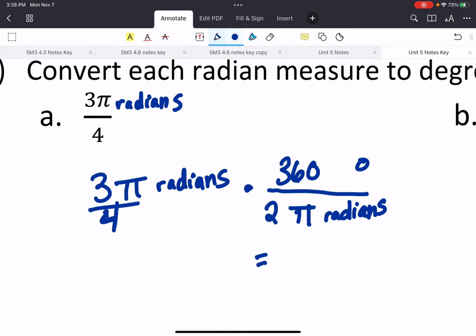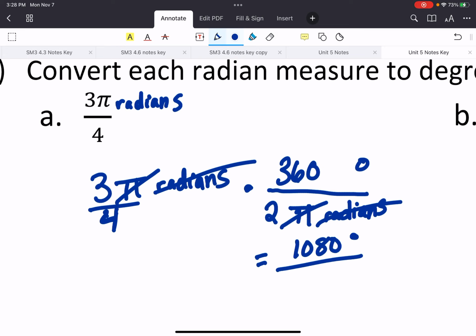So just like before, this pi's cancel out and these radians cancel out because one's on the bottom, or they're both on the top and bottom. So 3 times 360 is 1080. And 4 times 2 is 8. If you want to reduce that, you can.